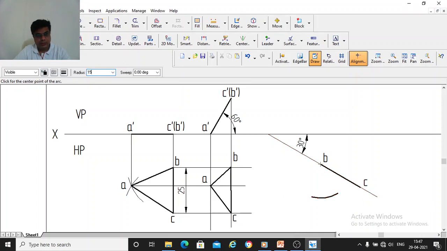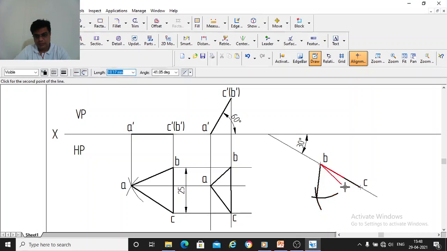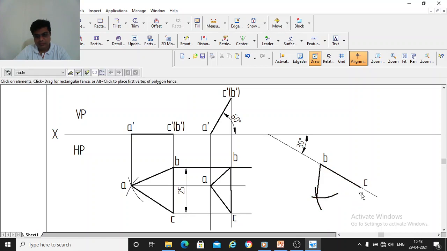Similarly, from C with the center C, I draw an arc of this length CA. You draw one more arc. They will intersect here. And now with this intersection, you draw a thick line from this intersection. Connect it to B. And then from this C, you connect it to this intersection.